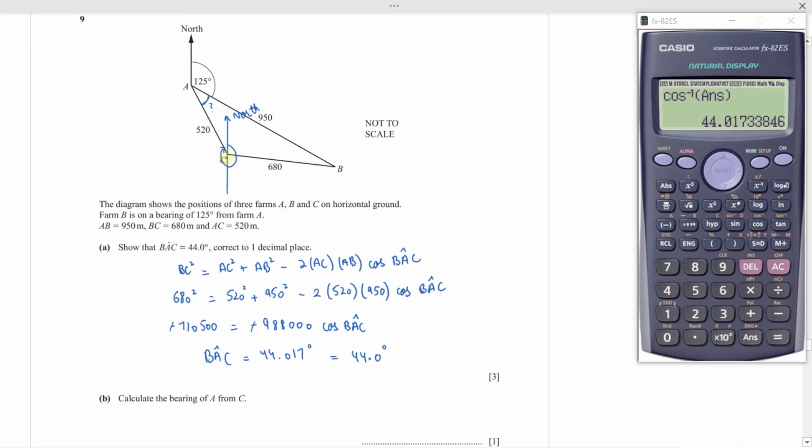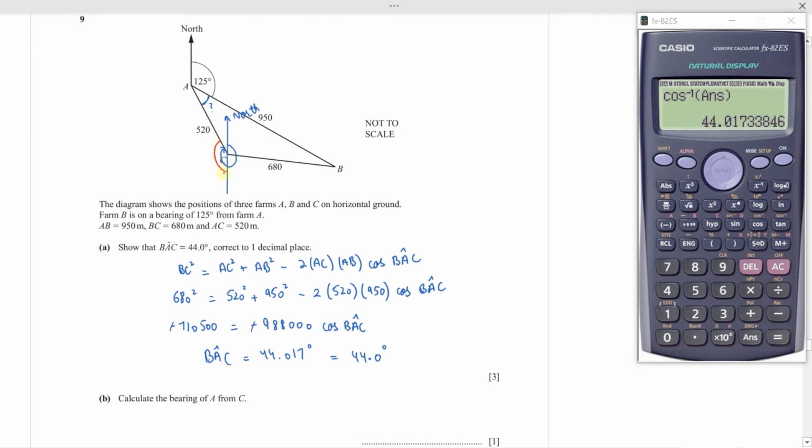This is the bearing of A from point C. Now to calculate this, I know that the angle up till this point is 180 degrees. So if I can find this red angle, I can add 180 to this red angle. I will get the full bearing of point A from point C.